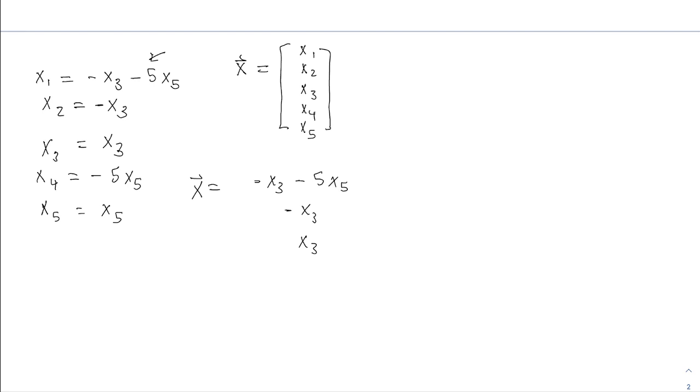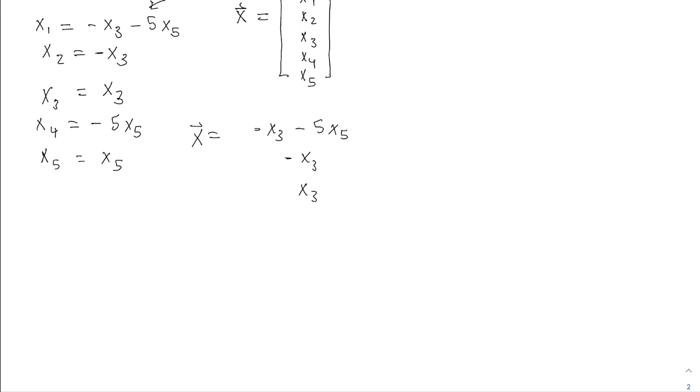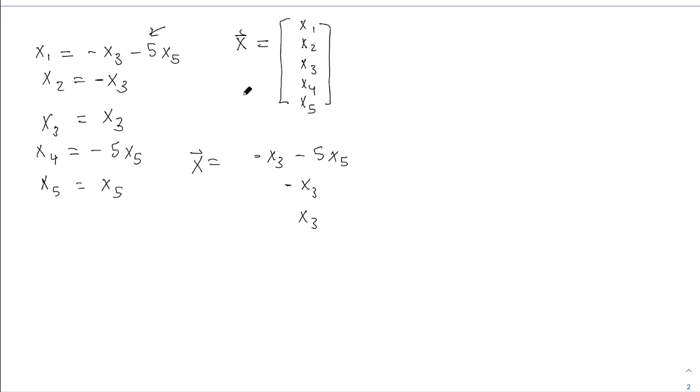I did not give myself enough space here, so let me move down just a little bit. Oh, it cut off at the top. I apologize. x3 is equal to x3, x4 is equal to negative 5x5, and x5 is equal to x5. All right, great.